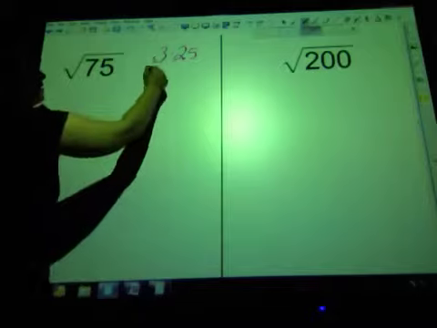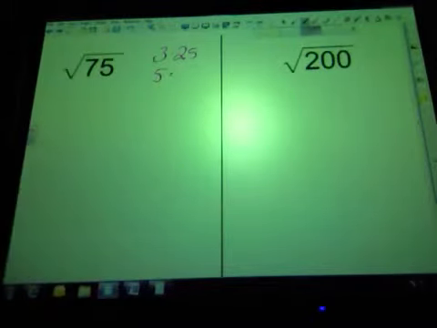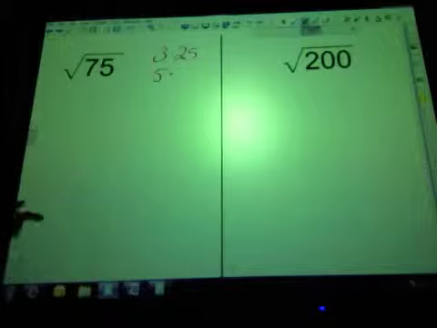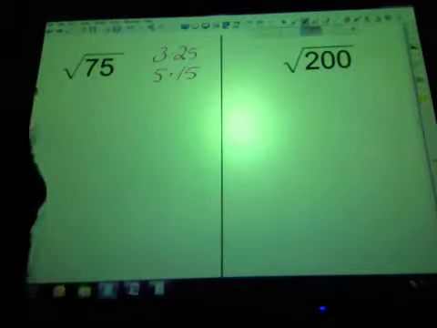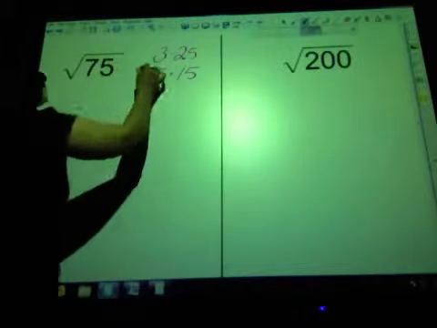No. Does 5? It must, because it ends in a 5, so 5 times 15? Yeah, 5 times 15, sorry. That's all I got off the top of my head. So I'm going to go ahead and use the 3 times 25.